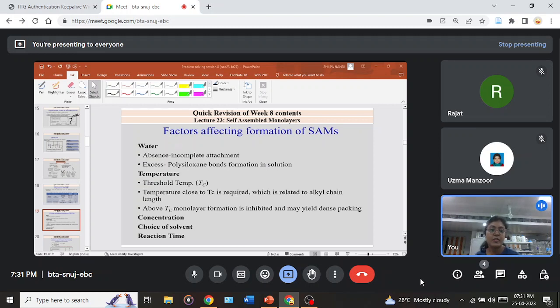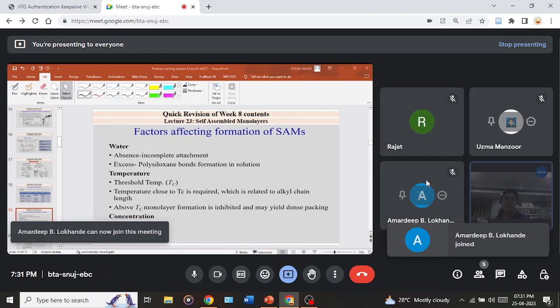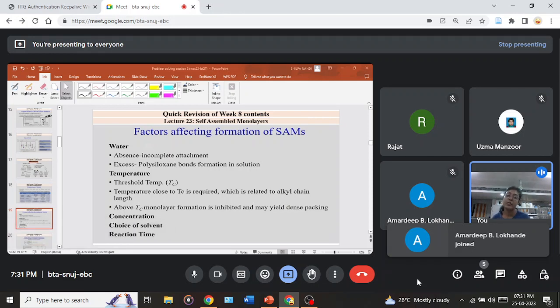Similarly, concentration of the modifier and the reactive agent is also one of the factors that affect the formation. Choice of the solvent, and again the reaction time. So the reaction time also affects how stable your SAMs are formed.